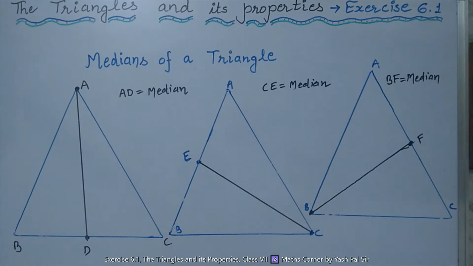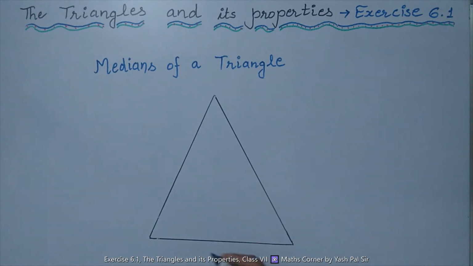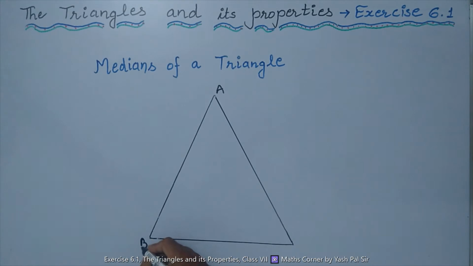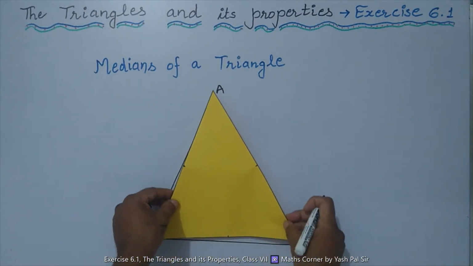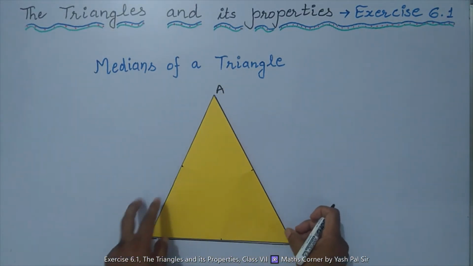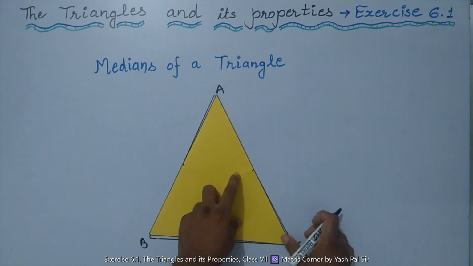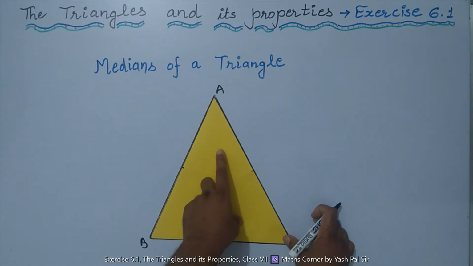Okay, altogether if we want to draw the medians of the triangle, 3 in the same triangle, so suppose we have the triangle A B C. So first of all, we have to find the midpoints of the sides. This way, I have already the triangle of the paper and I have marked the midpoints of the sides.